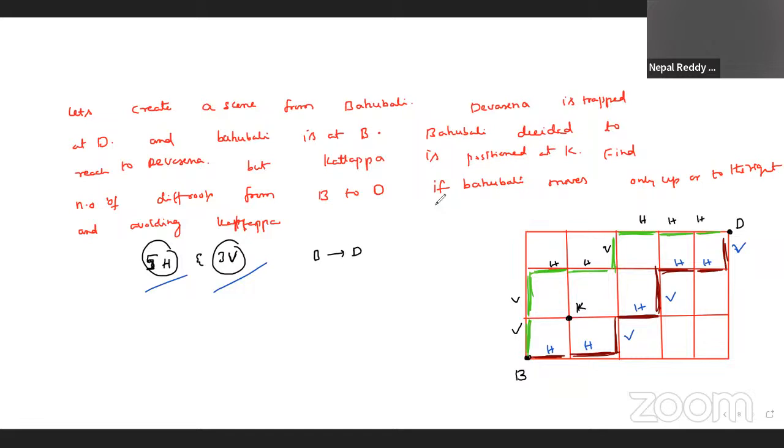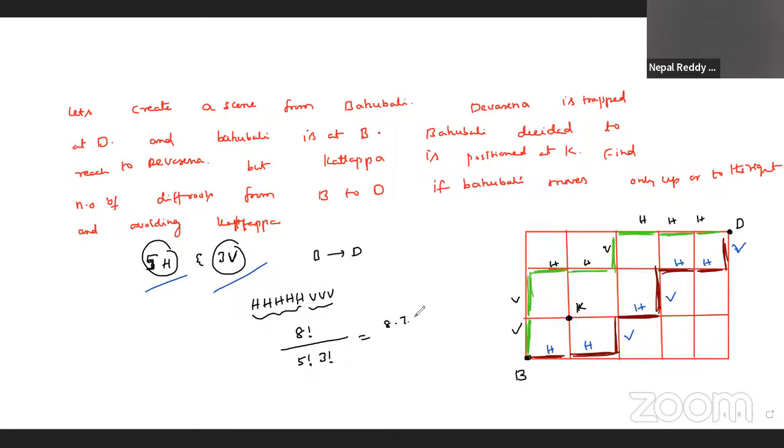So the total number of ways: there are 8 letters in total, 8 factorial, divided by the repeated ones, 5 horizontals and 3 verticals, so divide by 5 factorial and 3 factorial.